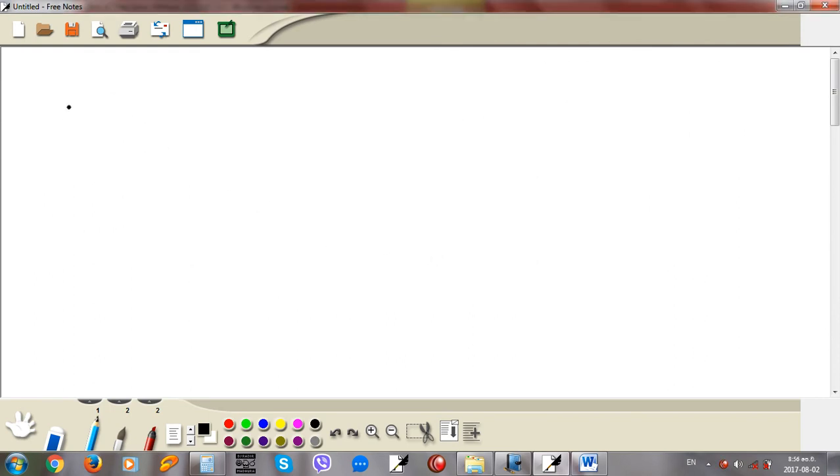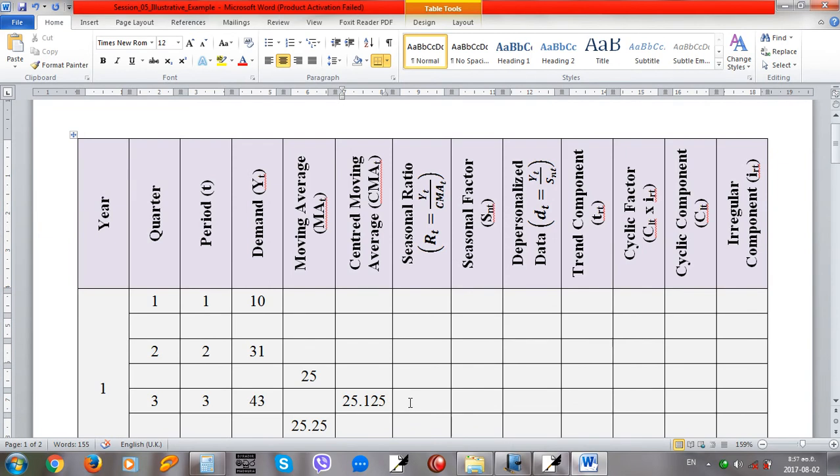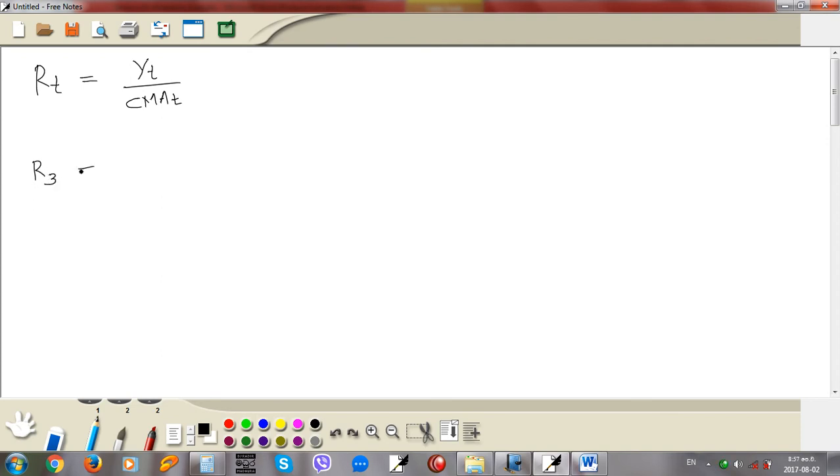Now we can find RT, the seasonal ratio, using YT divided by the centered moving average CMAT. First we can find R3, which is Y3 divided by CMA3. R4 is Y4 divided by CMA4, and R5 is Y5 divided by CMA5.